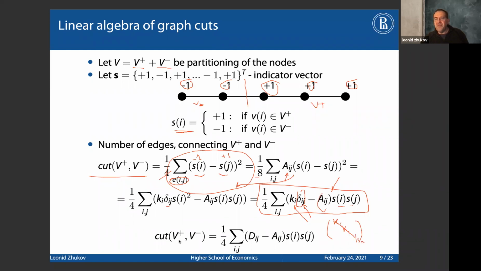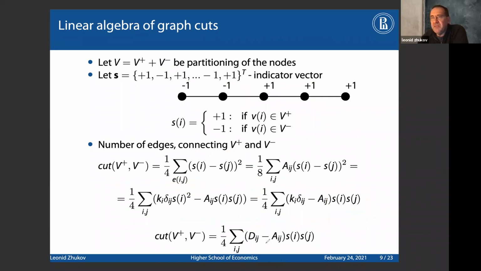So you can write the cut in terms of linear algebra as the following expression. Dij is a diagonal matrix with degrees on the diagonal, and Aij is the adjacency matrix. Si and Sj are the indicator vectors, with values +1 or -1. When you add up this sum, you get the value of the cut. So in terms of linear algebra, the cut can be expressed this way. Does this make sense?